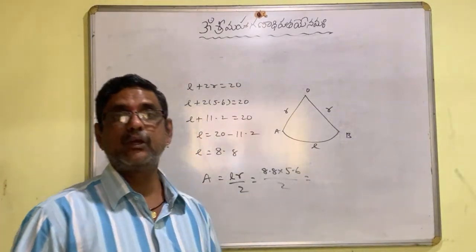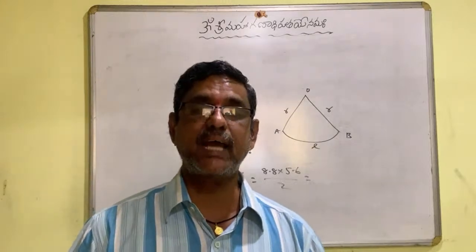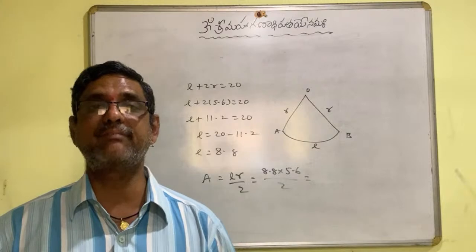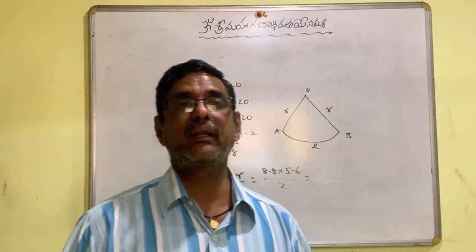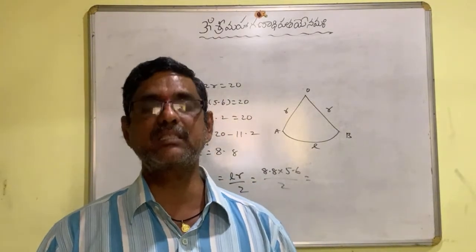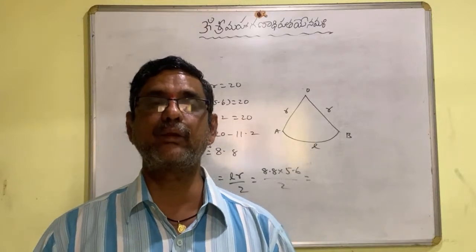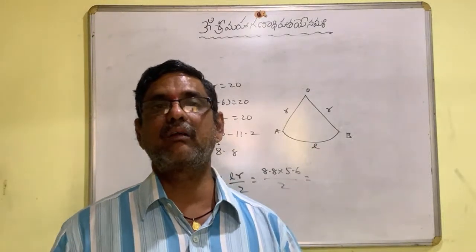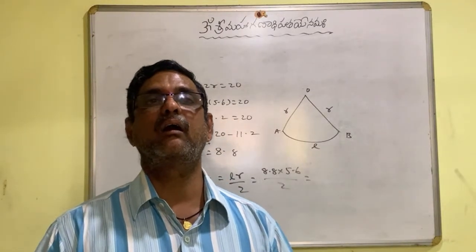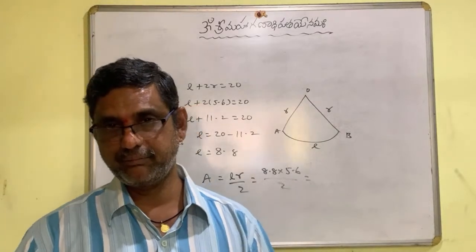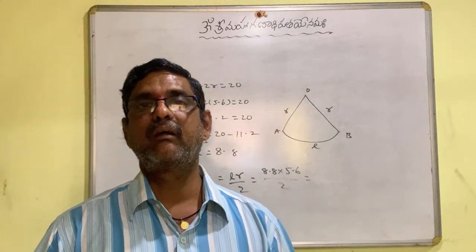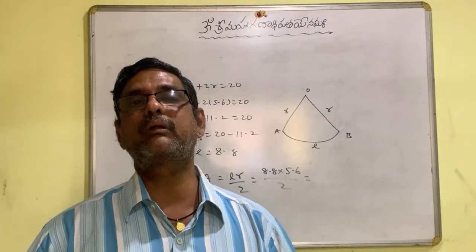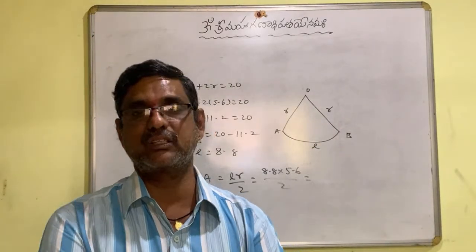And you have to complete your exam within 2 hours 45 minutes, and the last 15 minutes is buffer time for you to recheck your answers. This is what we call ideal time. If you keep writing until the last minute, there is no time for you to recheck your answers.